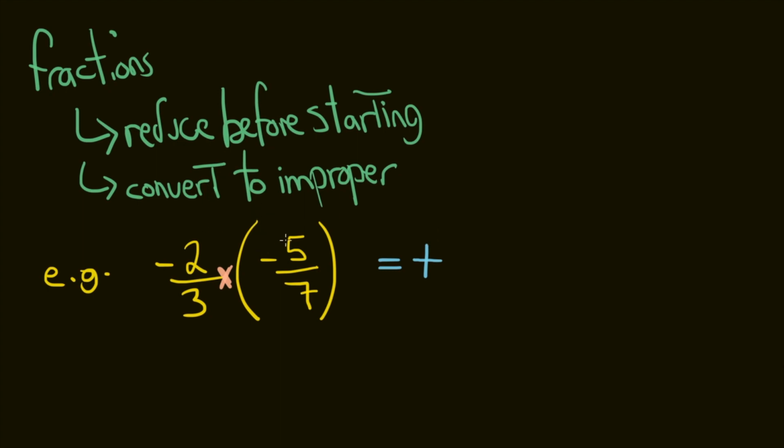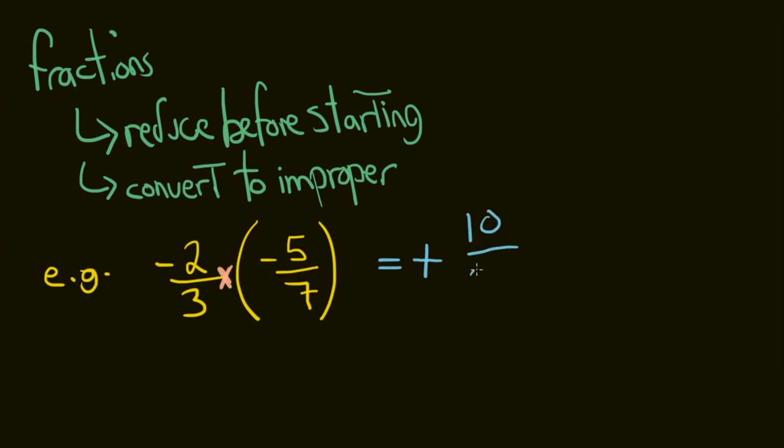Can you reduce anything? Well, can you reduce 2/3? Nope. Can you reduce 5/7? Nope. Can you cross-reduce 5 and 3? Nope. Can you reduce 2 and 7? Nope. So that means we are just going to multiply across the top and across the bottom. 2 times 5, that would give me 10.